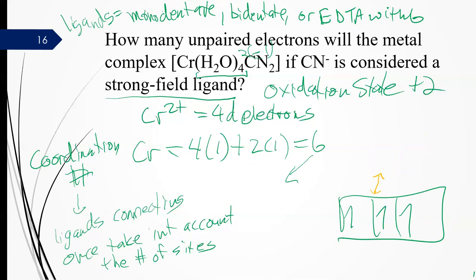You could imagine that a strong field makes a big gap between them, which makes it a lot harder to get up there. So that means our 4th electron is going to come down here at the bottom. And so how many unpaired electrons should there be? Is it 2? 2.